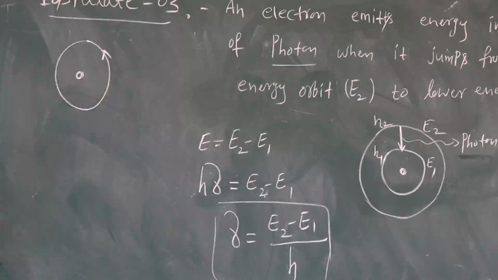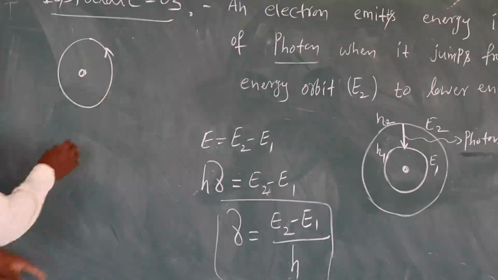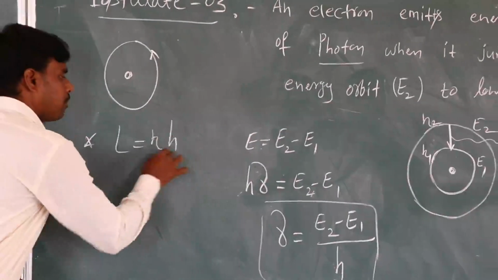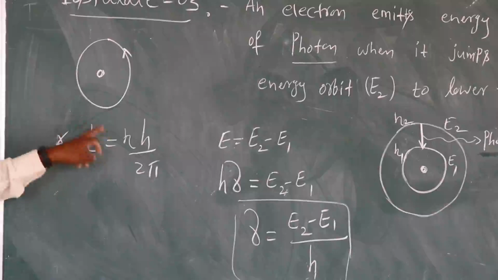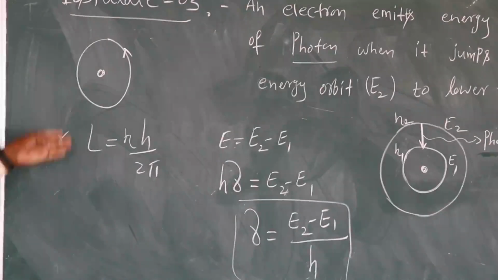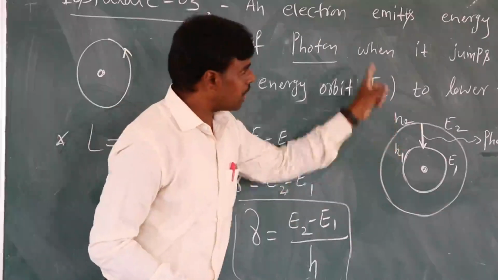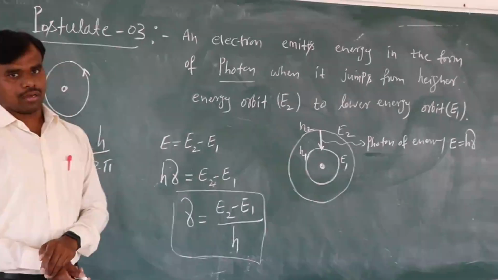The second postulate is the electrons revolve in those orbits for which the orbital angular momentum is equal to an integral multiple of h by 2 pi. This is also called Bohr's quantization rule. The third postulate is an electron emits energy only when it jumps from a higher orbit to a lower orbit.